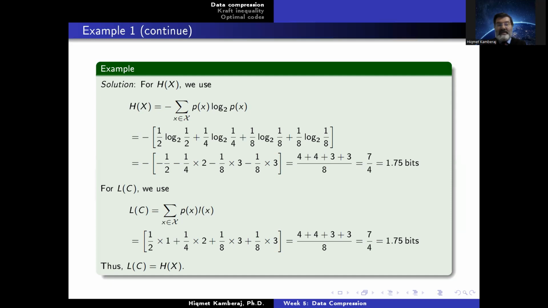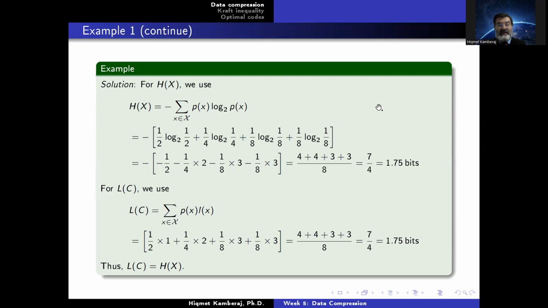Then this becomes 1 over 2, plus 1 over 4 times 2, plus 1 over 8 times 3, plus 1 over 8 times 3, which is 4 plus 4 plus 3 plus 3 over 8, 7 over 4, equal to 1.75 bits.